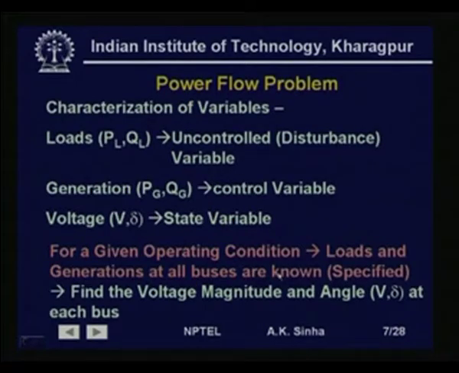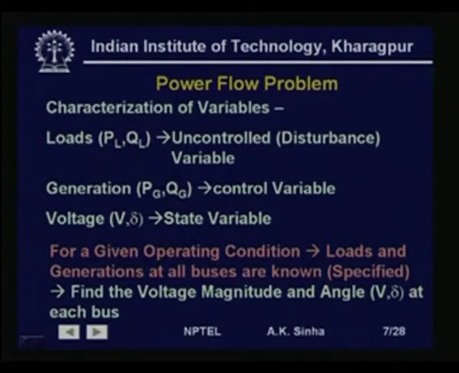Now, we know that in a power system we have various loads, generation and the voltages involved. Loads are something we have no control on; a power system operator has no control on the loads, as they depend on the consumers.